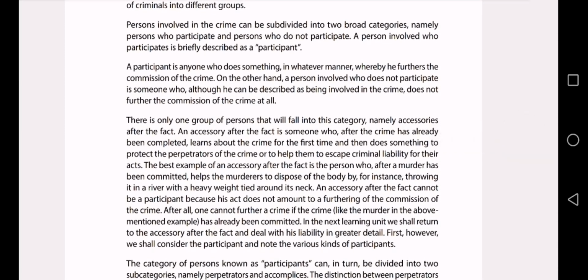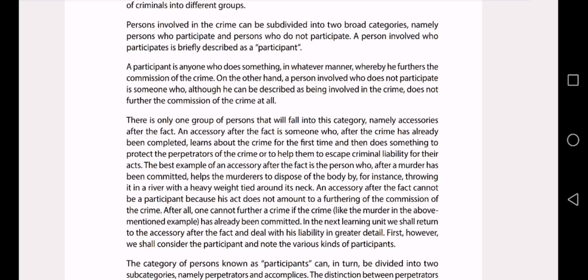Persons involved in the crime can be subdivided into two categories, namely persons who participate and persons who do not participate. A person involved who participates is briefly described as a participant.